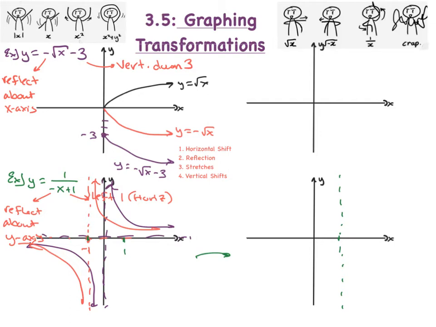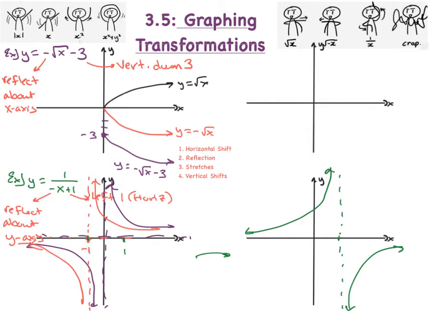So this red curve on the lower left moves to the lower right. So it would look like this. And up here in the upper portion, the red gets reflected around, so it would look like this. Cool. Okay, let's try one more up here at the top.